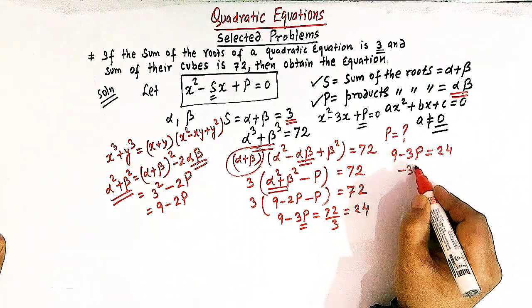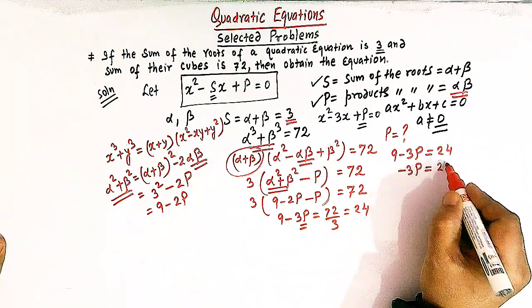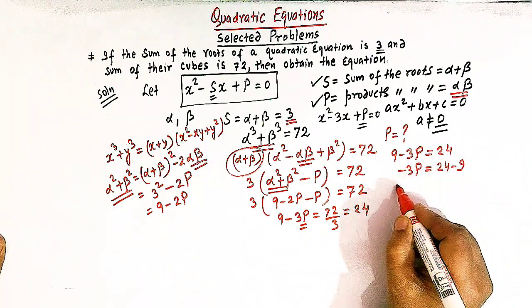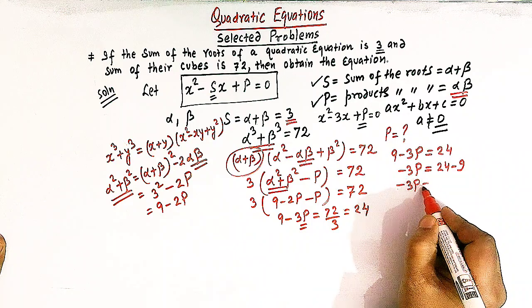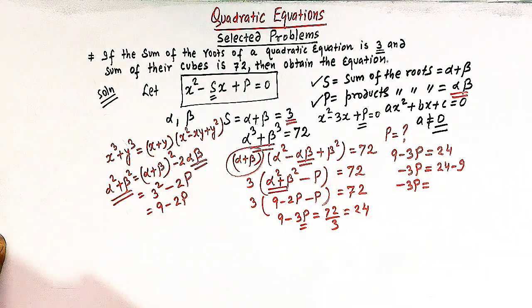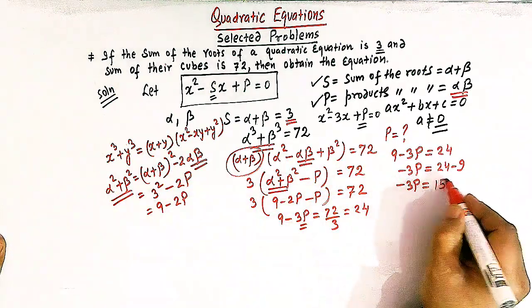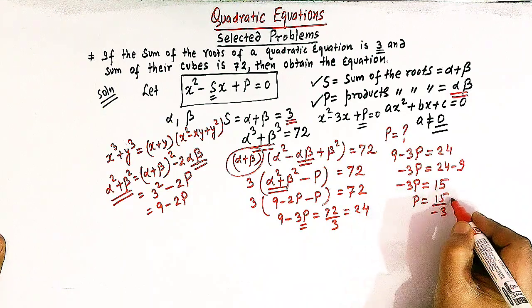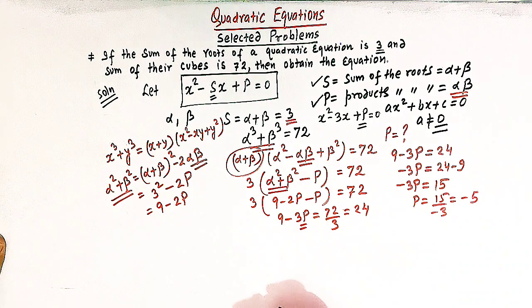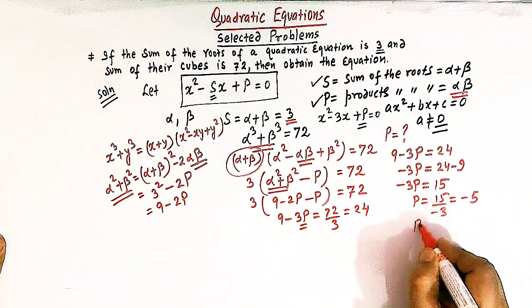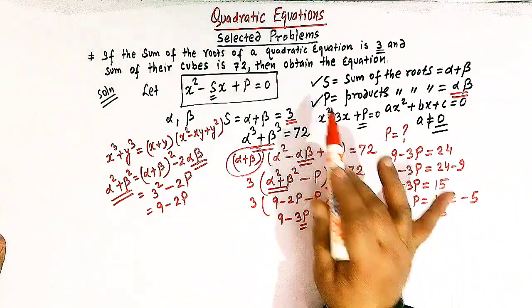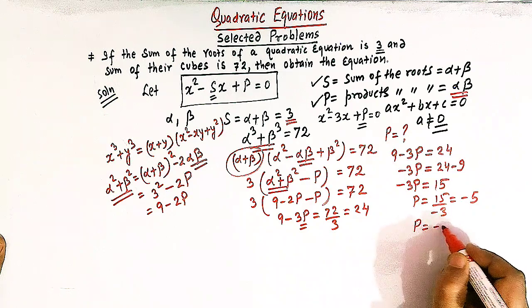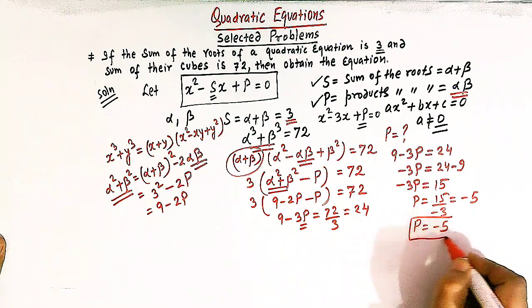So minus 3p is given by 24 minus 9, and 24 minus 9 is 15. So p is given by 15 over minus 3, that is minus 5, right? So now the value of the product of the roots, that is p, is minus 5.